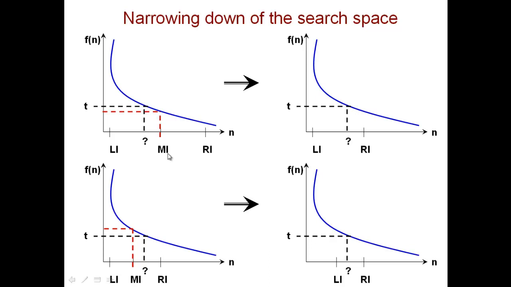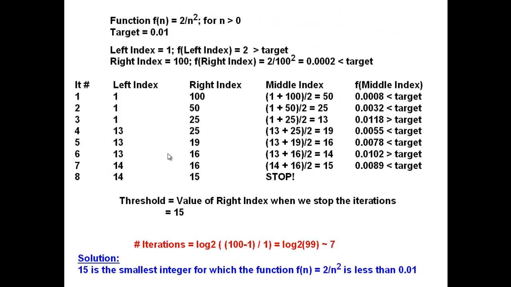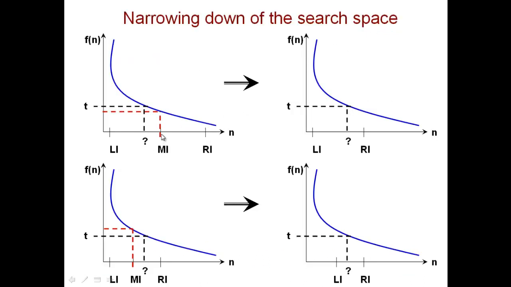So we'll define our search space like that, and similar to the previous application, we'll find the middle index as the average of the left index and right index. So the middle index is somewhere here. Now we will find the function value at the middle index.